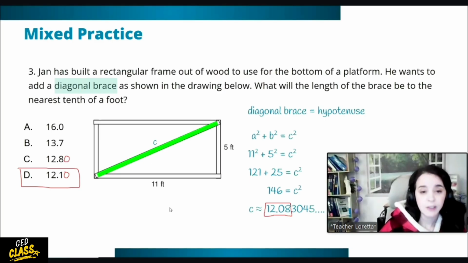Send a message to Sasha, say, hey, I'm still a bit confused on number 3, and hopefully Sasha can take you through one more time. Basically, they're just asking you for the length of the line that I colored in bright green there. And we used the Pythagorean theorem, which is what we've been practicing for the past little bit. So if you need a little help, reach out in Q&A to Sasha. I hope that is helpful.